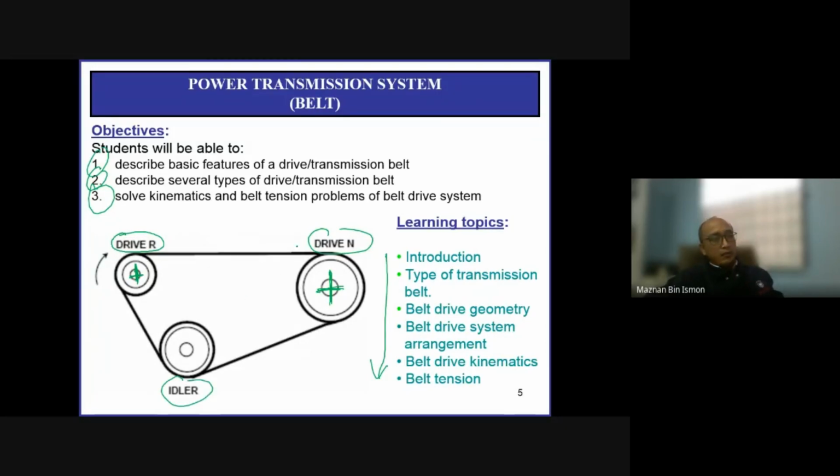The idler pulley normally serves not for output, but is normally attached to some other shaft, and its purpose is actually to push the belt, so that there is enough tension in the belt so that slippage does not occur. In some other cases there is no idler pulley, they are just connected between driver and driven, connected something like this, but the tensioning will be over here.